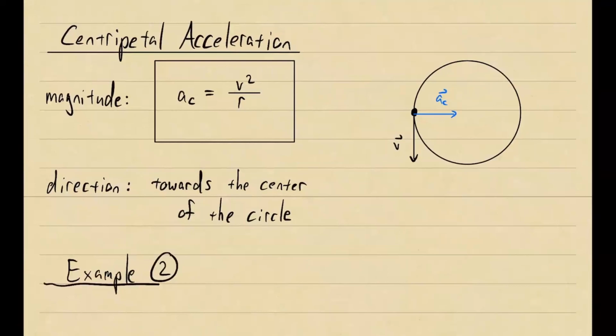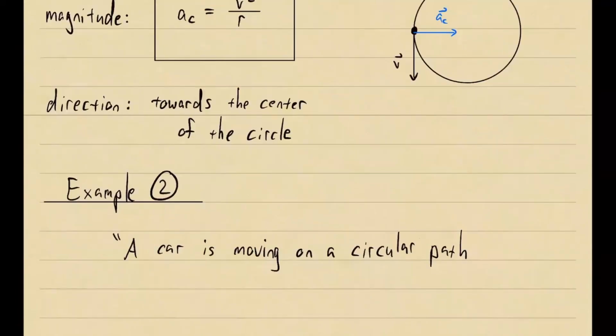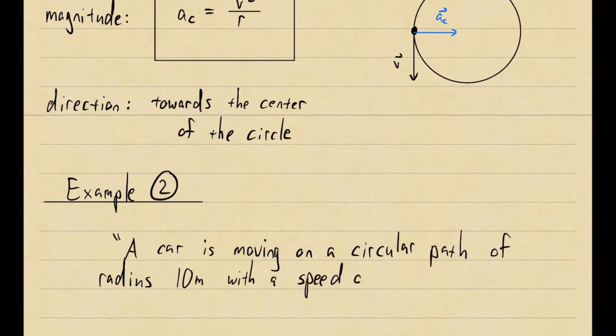In this example, a car is moving on a circular path of radius 10 meters with a speed of 20 meters per second.